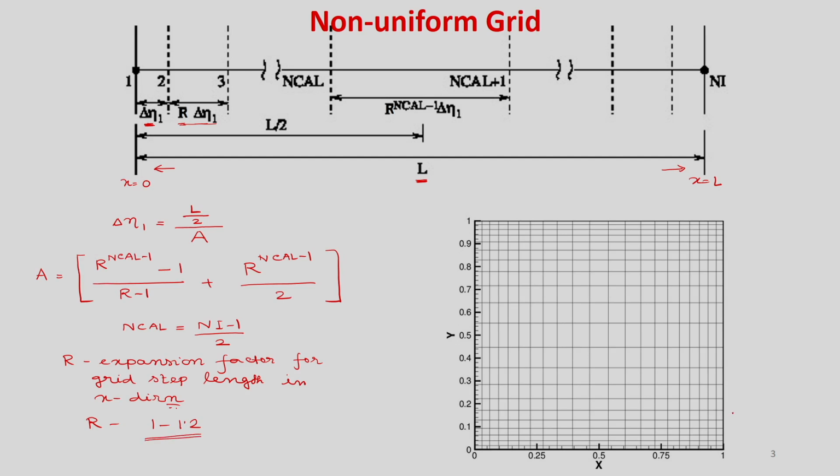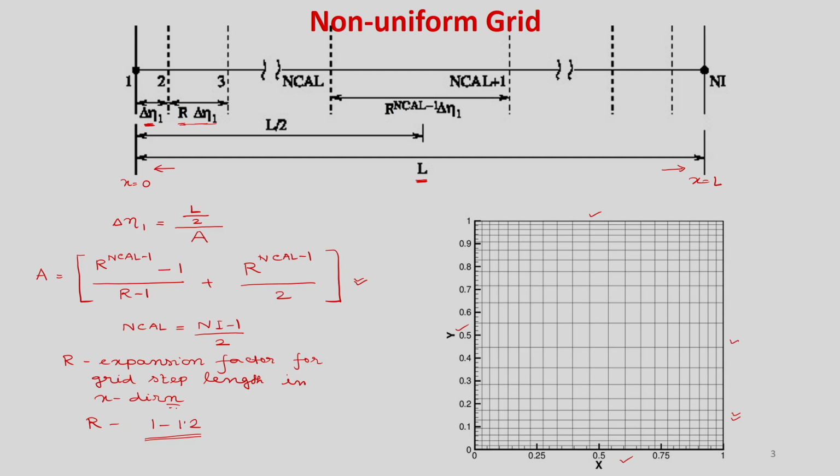It is a square cavity where the x length is 1 and the y length is 1, and we have used this expression to generate a non-uniform mesh. If these 4 surfaces are solid regions, then a finer mesh is generated near the solid region, and you can use this expression.